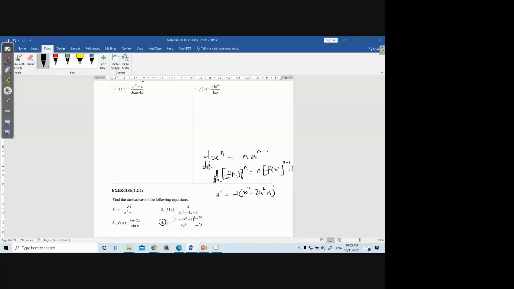Differentiate. Yeah, good. Differentiate f prime. Okay. And then, that means it multiply with 3x squared minus 4x. Okay, good.